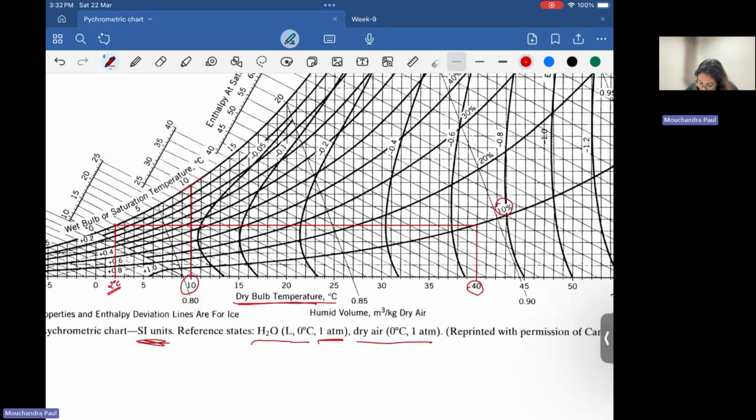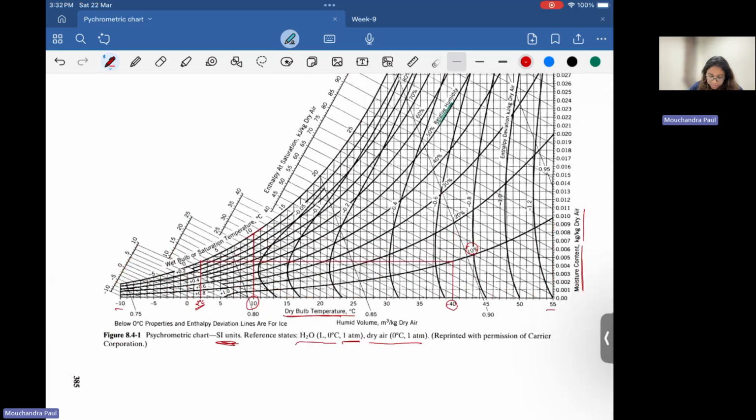So humid volumes are basically these steep diagonal lines.